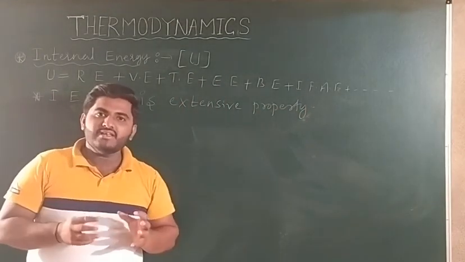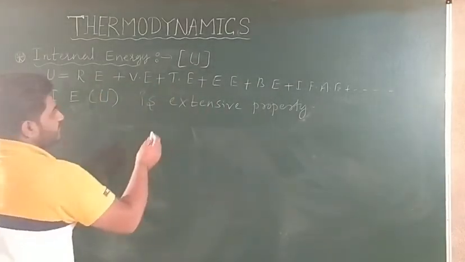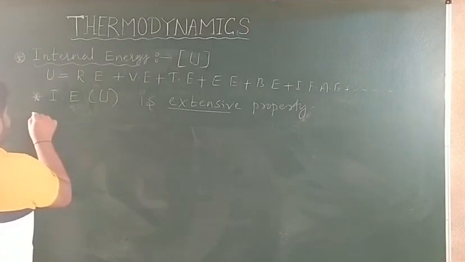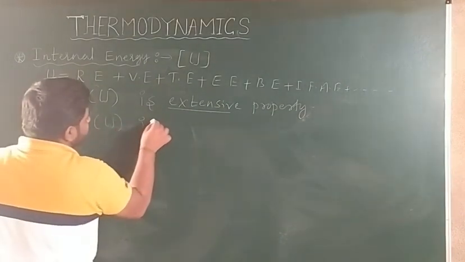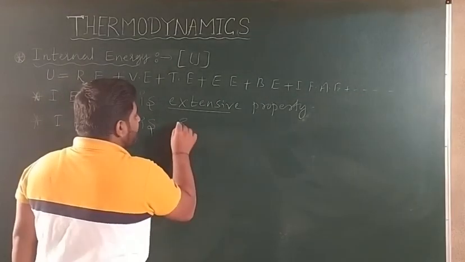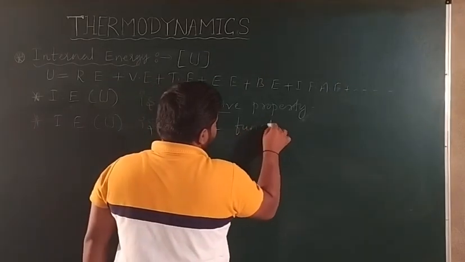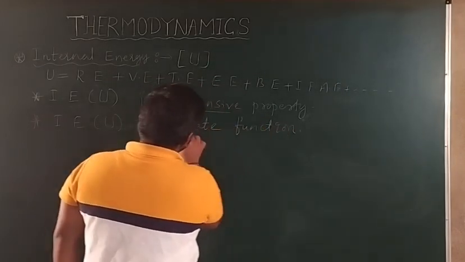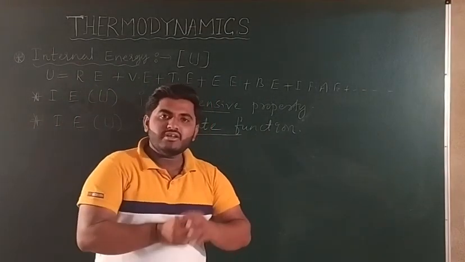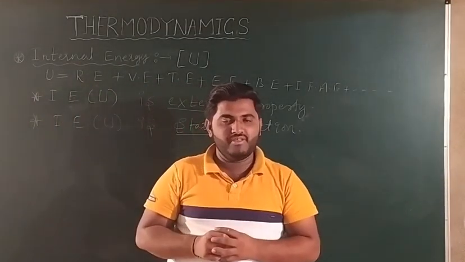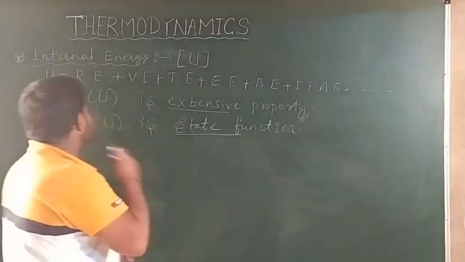Extensive property is one which depends on mass. Internal energy also depends on mass, which is extensive. Second point: internal energy U is a state function. Again, what is state function, guys? State function means the function which depends only on initial and final position of the process, of the system. Understood? So this is the second point.